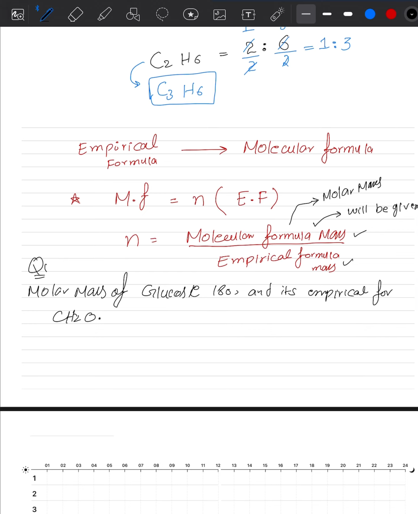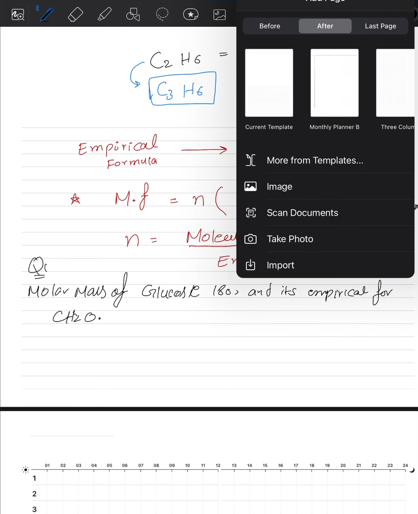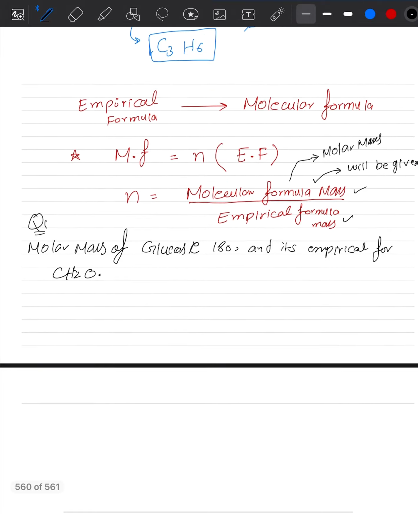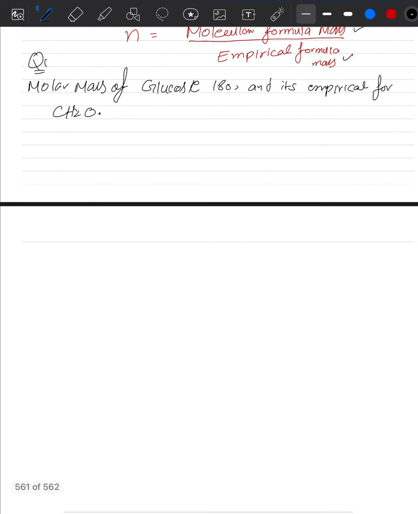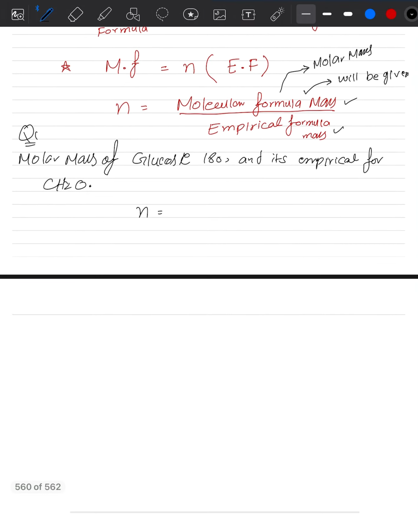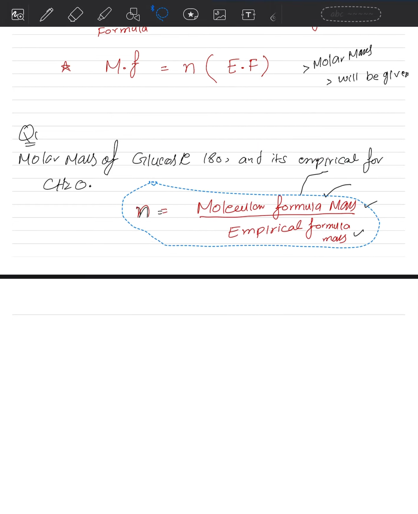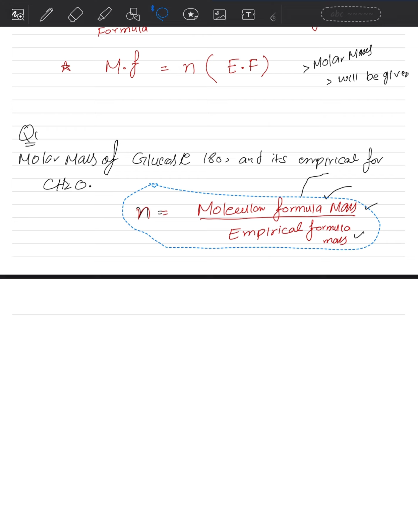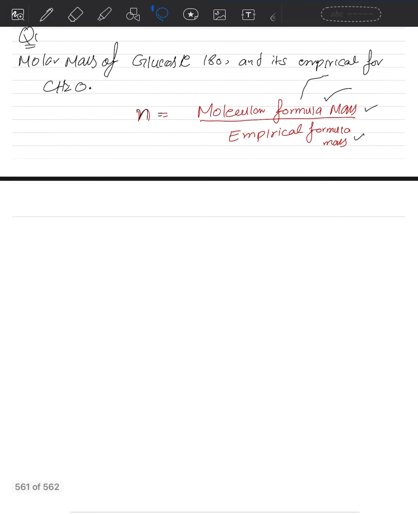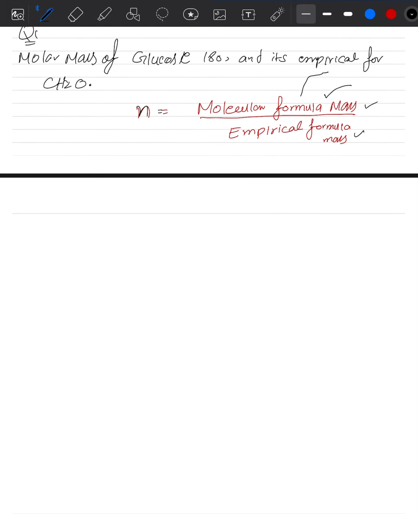We need to find out its molecular formula. So we have to use the same formula: n is equal to molecular mass over empirical formula mass. By using this formula, we can find its molecular formula. The molecular formula mass is already given in the question.